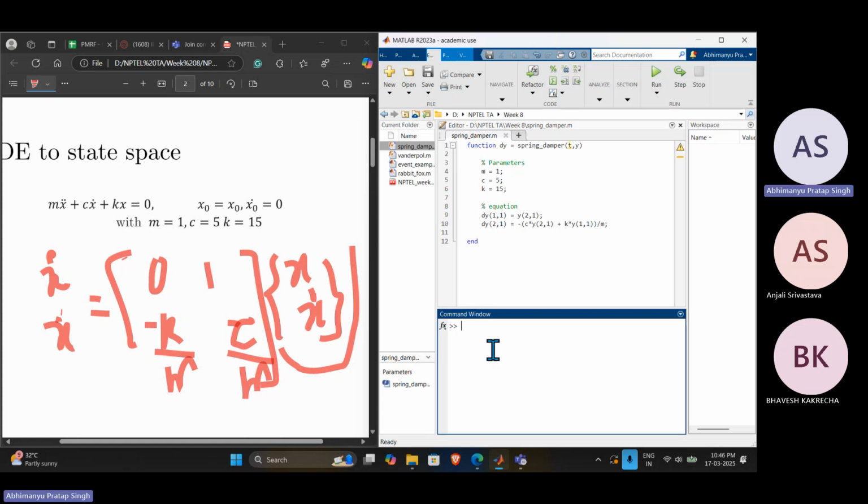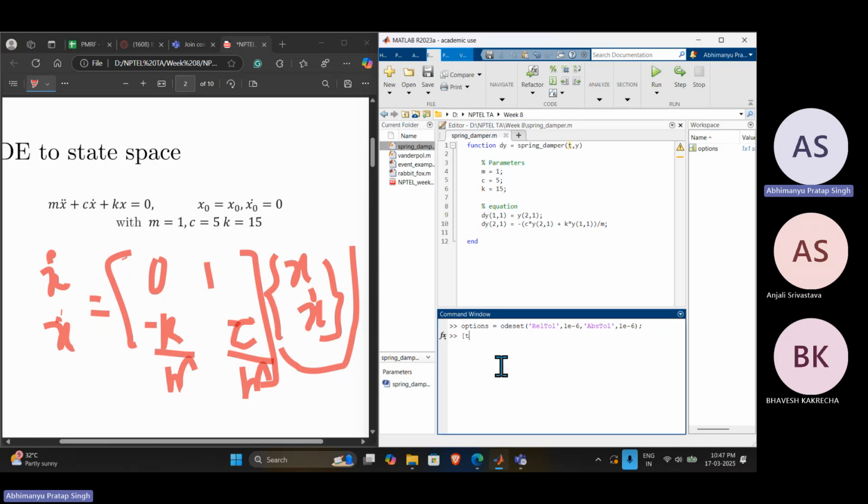Yeah, so this function is clear to everyone, I suppose. So we will try to integrate this. First, we will set some options for ODE: rel tol 1e-6 and abs tol 1e-6. So ode45 outputs two things: time values and the time series data.